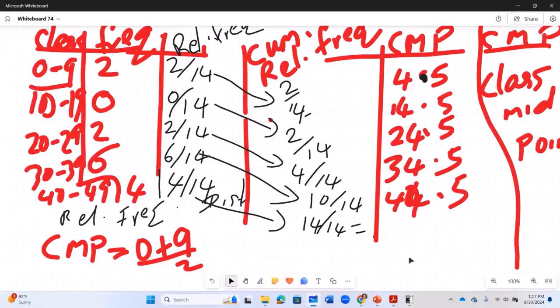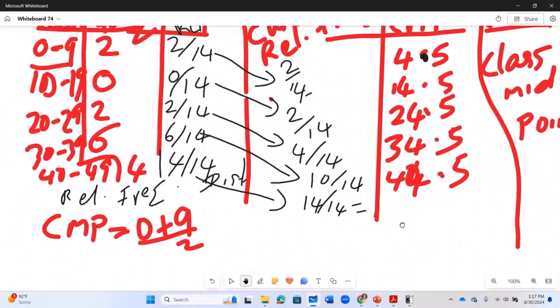If any data is grouped, we have classes there. The first class is from 0 to 9. The lower limit of the first class is 0. The upper limit is 9. Looking at the second class, the lower limit is 10.